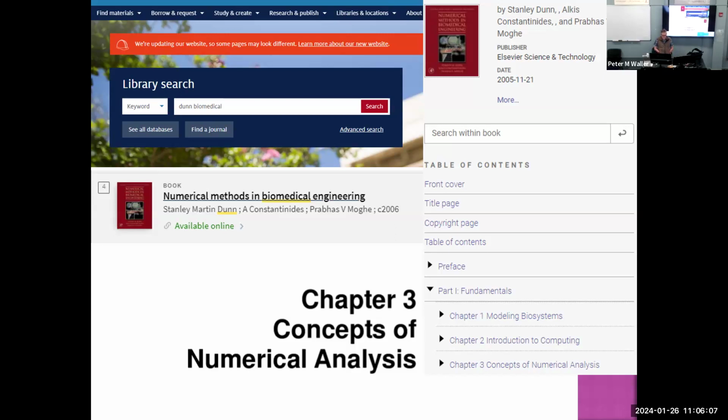If you're interested in Taylor series, I'd suggest that you read that chapter. We aren't going to go so deeply into Taylor series, but you can get that book online by typing Done Biomedical into the library search engine. And then here it is online. You can go to chapter 3 if you're interested in more details.